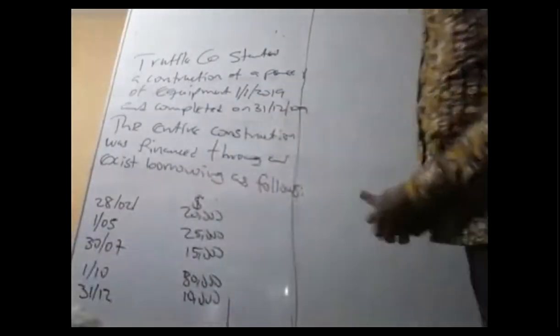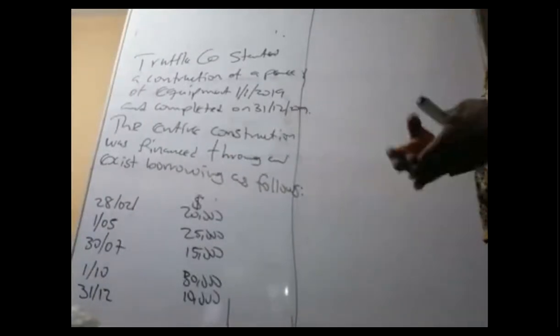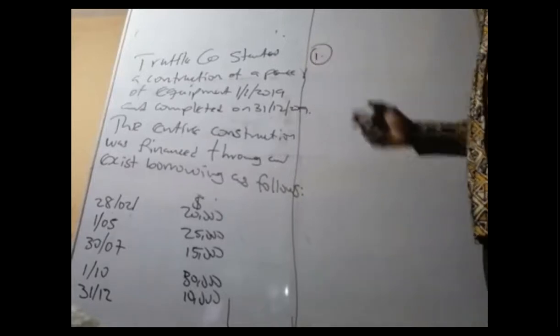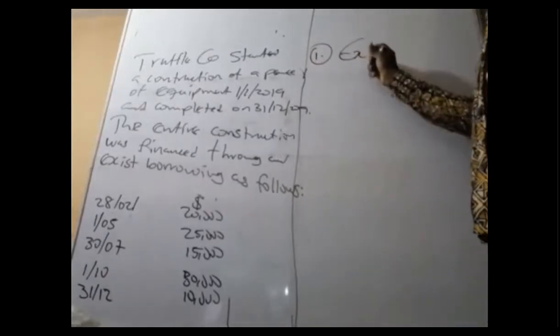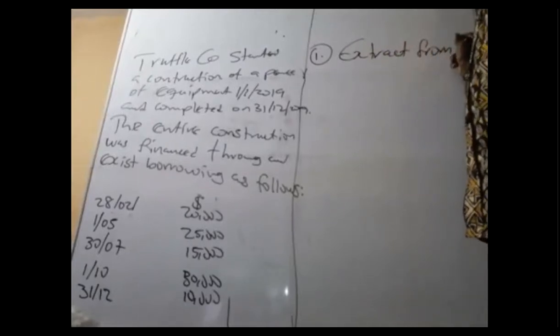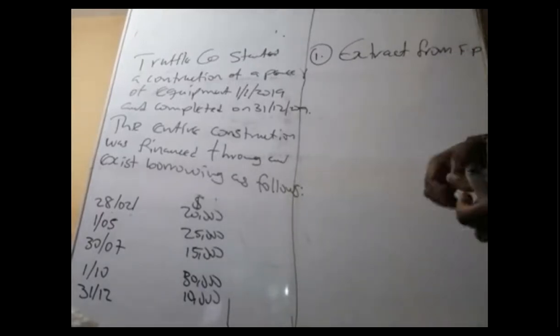So note 1, extract from the financial position of Trafuco is as follows. Extract from where? Financial position. Why are they giving us the extract from the financial position?